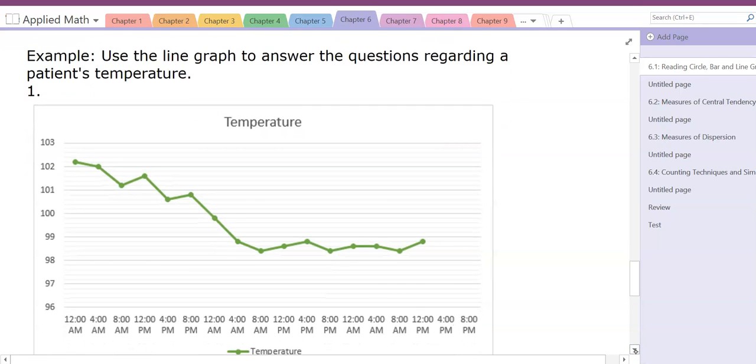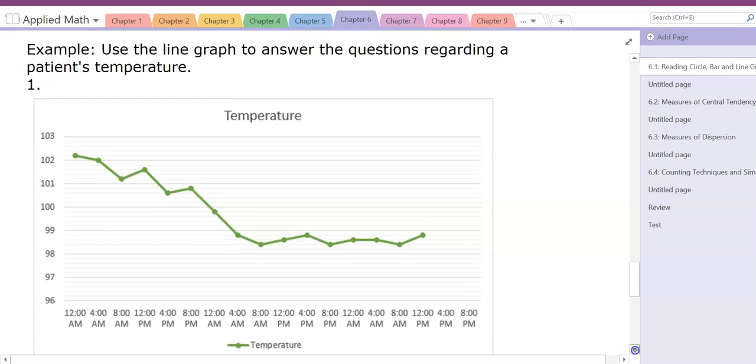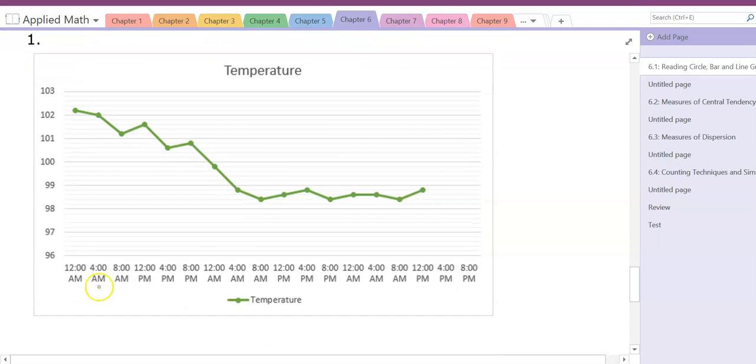We've got a line graph given here, and it's talking about temperature for a patient over a couple of days. If you look at the time stamps at the bottom, we've got 12 a.m. to 8 p.m., and then another 12 a.m. to 8 p.m., and so on. So this is actually over a 3-day period.